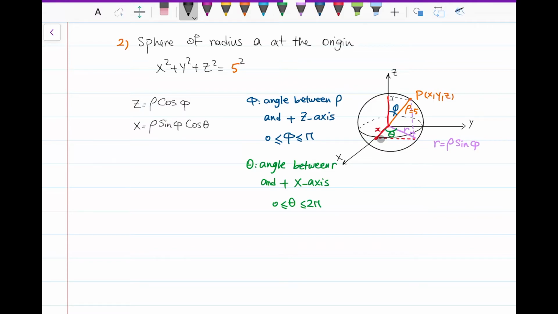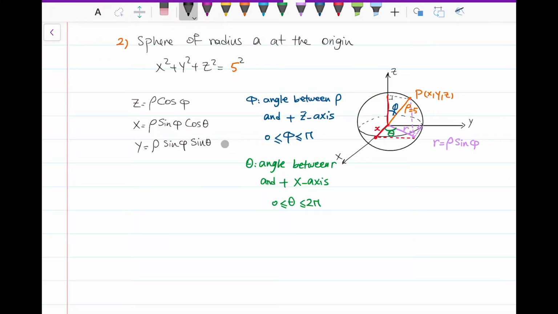y would be exactly parallel to this after I connect r in the right triangle to y. This length here would be y, which is parallel to that, and therefore y is r, which is rho sine phi, and then sine theta.